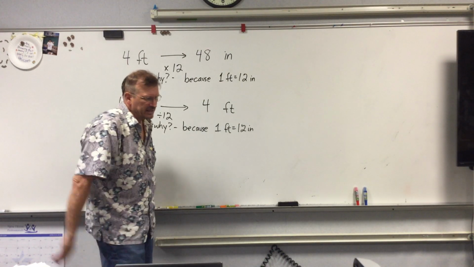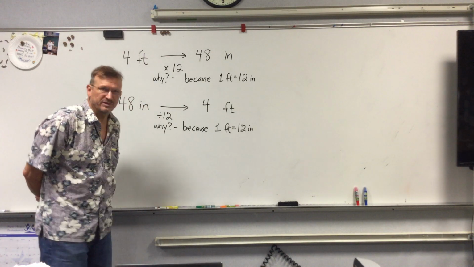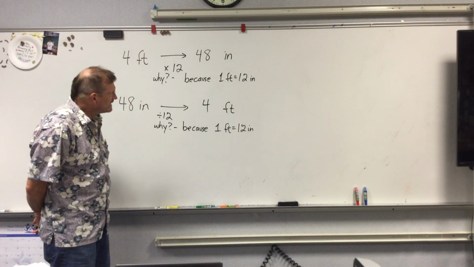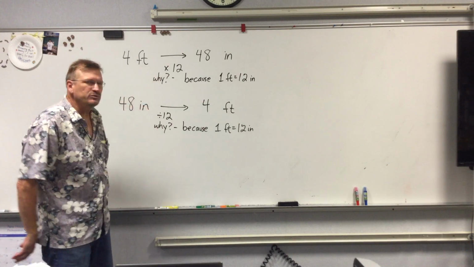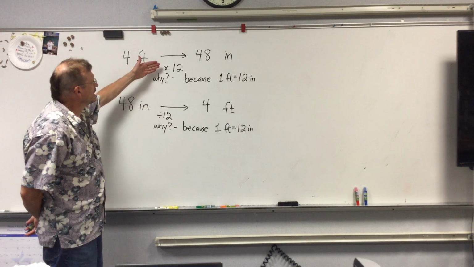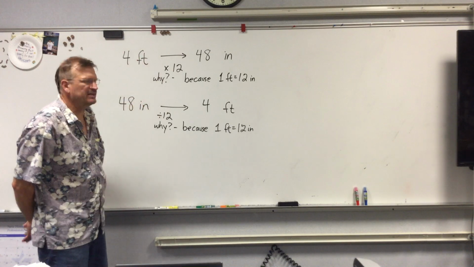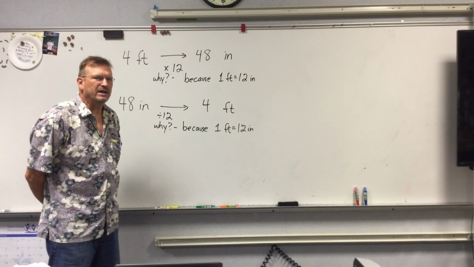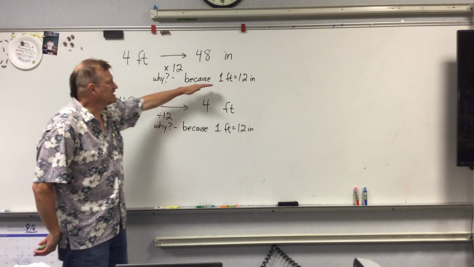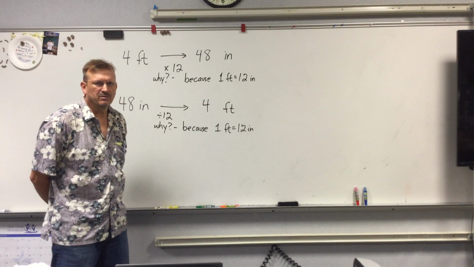Now the thing that I would like to point out about this is that you did mathematically 2 different things. In one case you multiplied by 12 and in the other you divided by 12. But when I asked for a reason, you gave me the exact same reason.